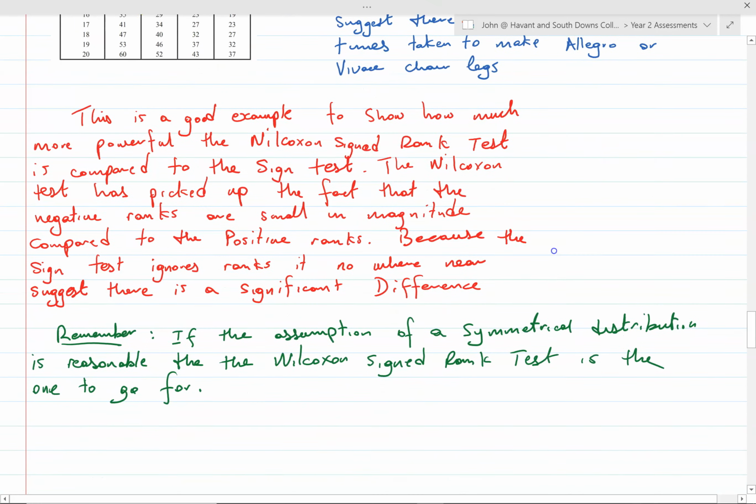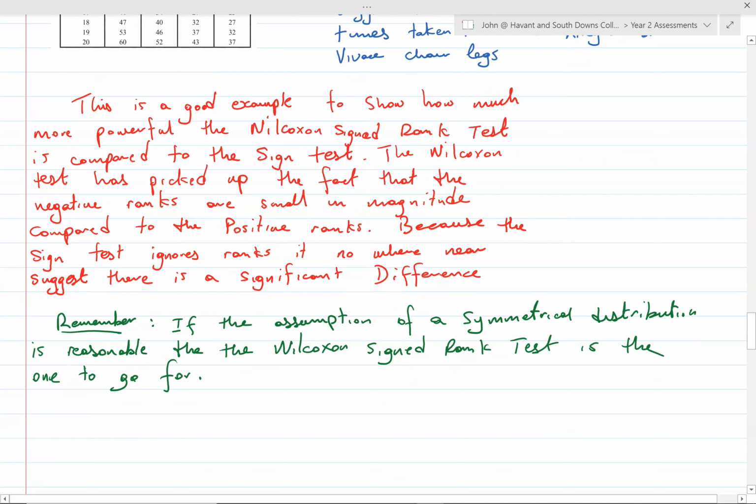Okay, so I'll just put a final note in there. If the assumption of a symmetrical distribution is reasonable, then the Wilcoxon signed rank test is the one to go for, generally speaking.